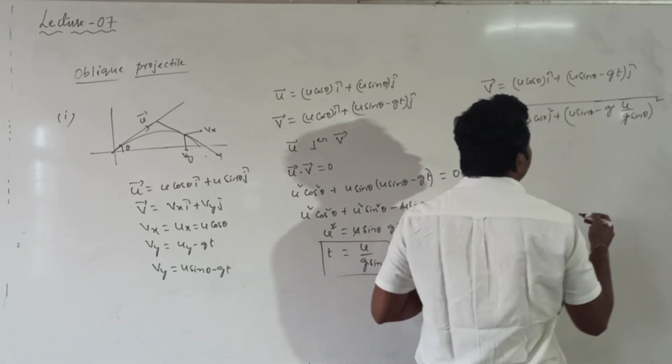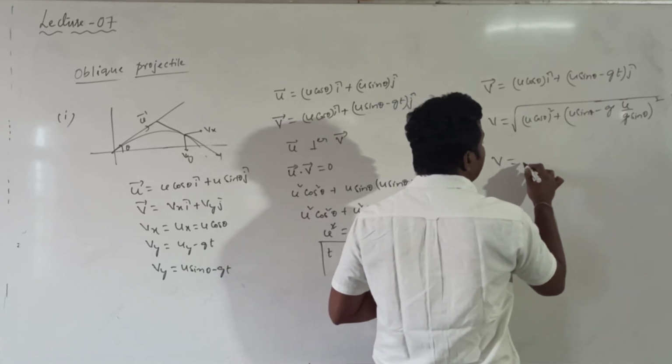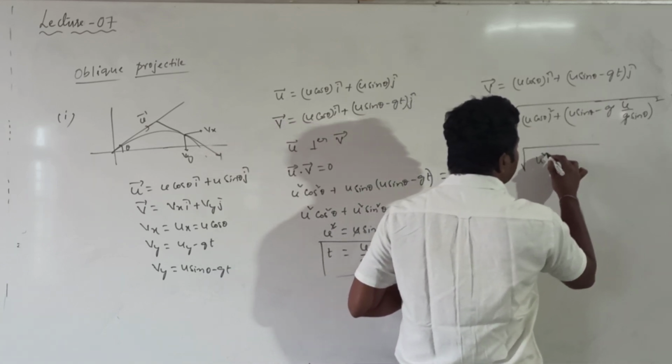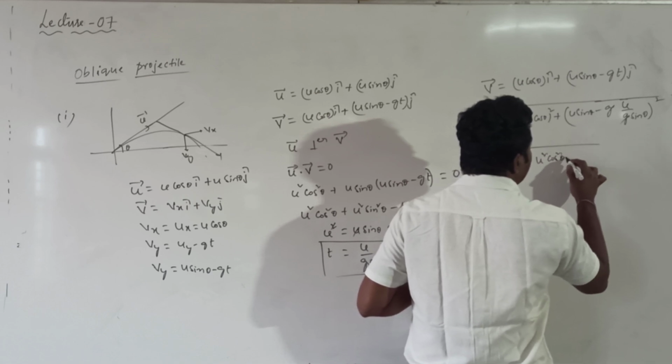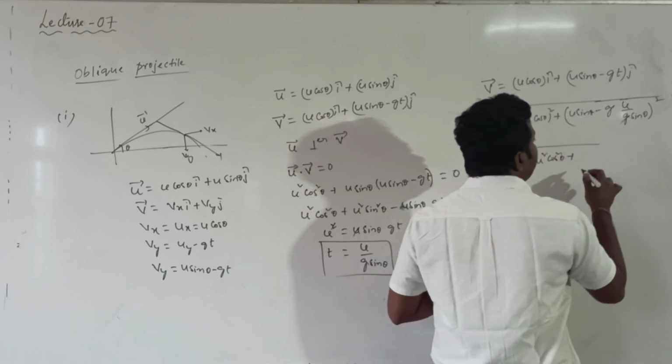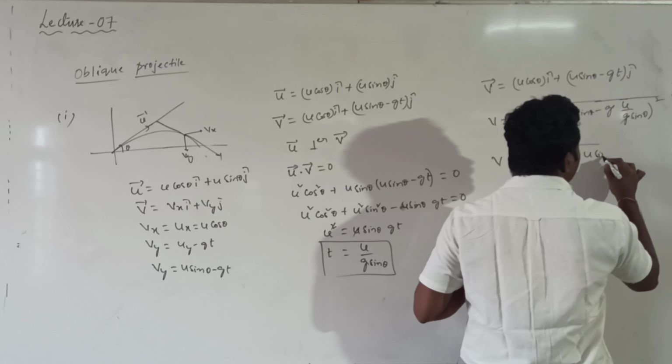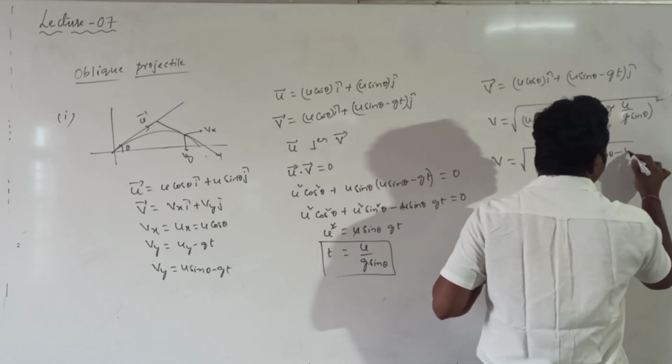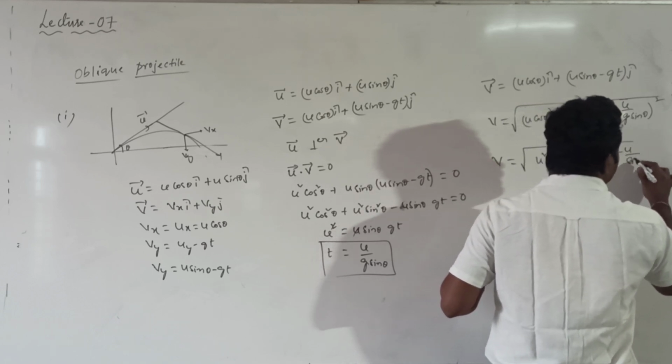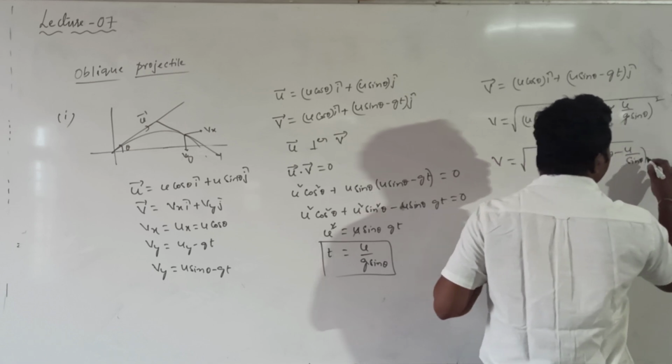Here g cancels. So v is equal to the root of u square cos square theta plus u sin theta minus u divided by sin theta, whole square. Simplify this.